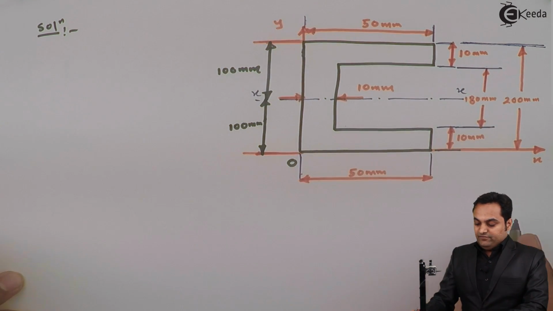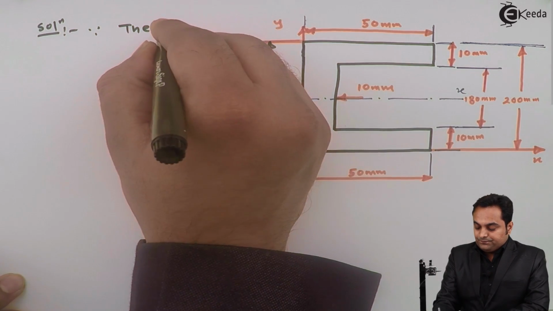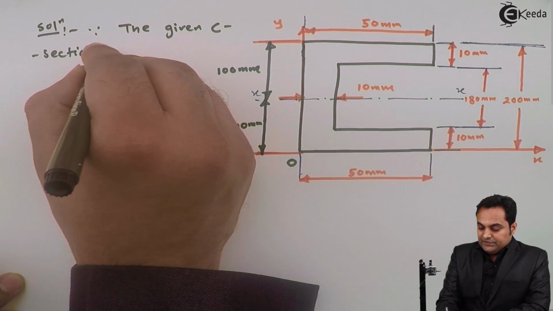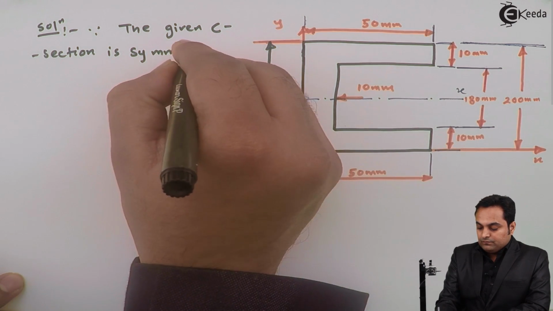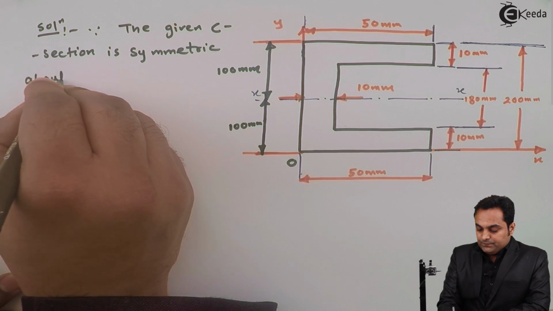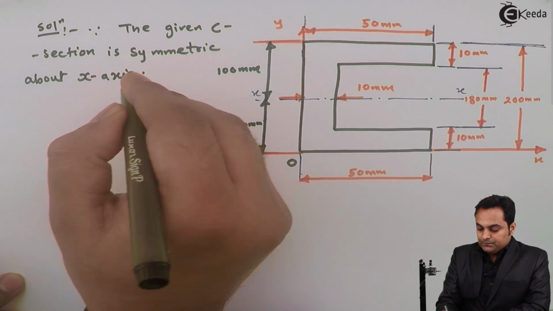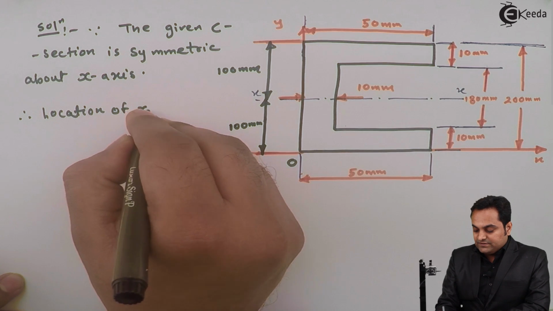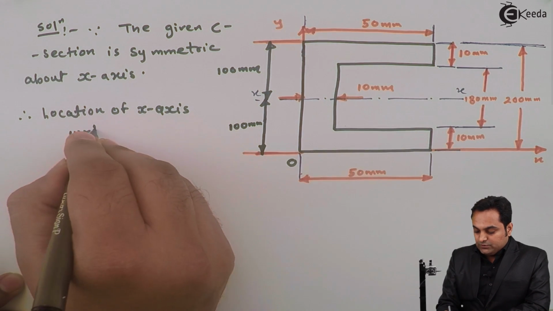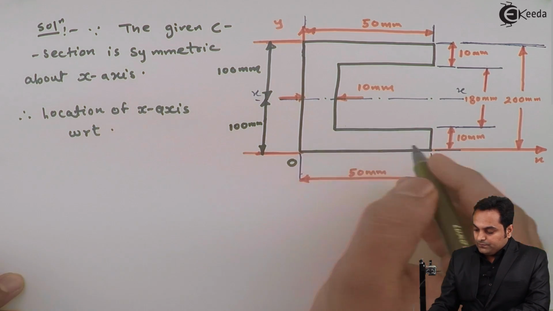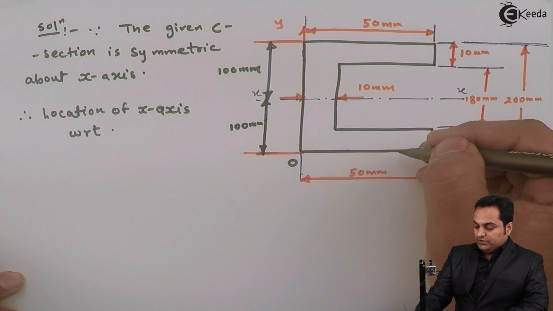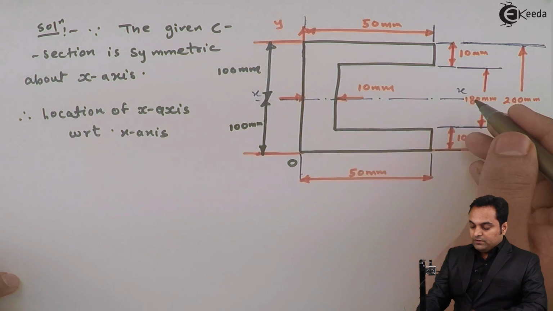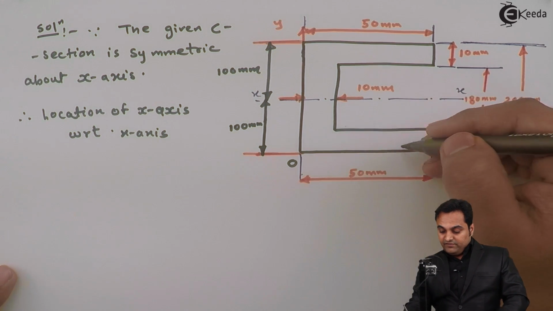Now since the given C section is symmetric about the x-axis, therefore the location of the x-axis we are finding with respect to the x-axis here.